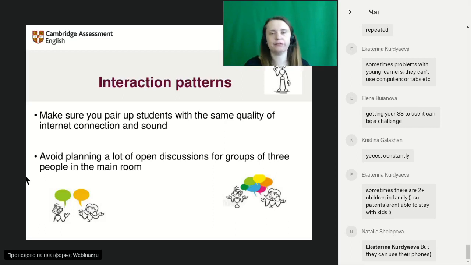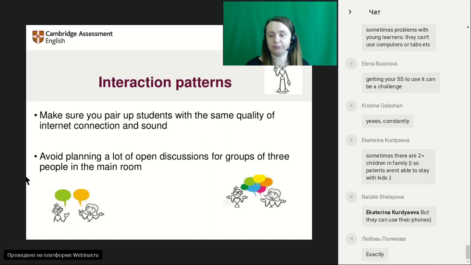Another thing, if you have a small group like 3 people, the pace of the lesson might get rather slow.